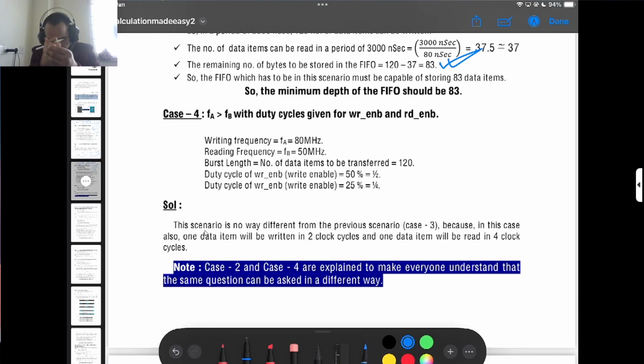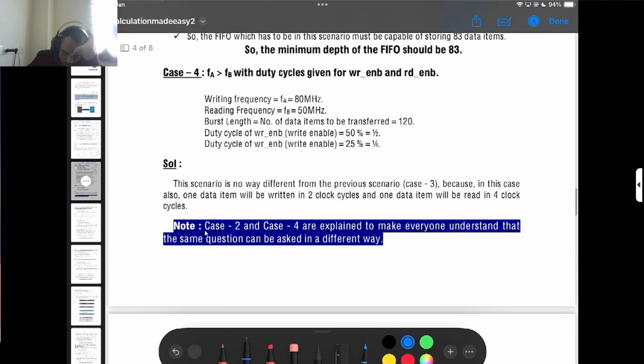The writing frequency FA is 80 megahertz, same as previous, but the duty cycle of the write enable is 50%, equal to half, and the duty cycle with respect to read enable is 25%, means one by fourth. This scenario is different from case 3 in appearance, so I will tell what happened here.